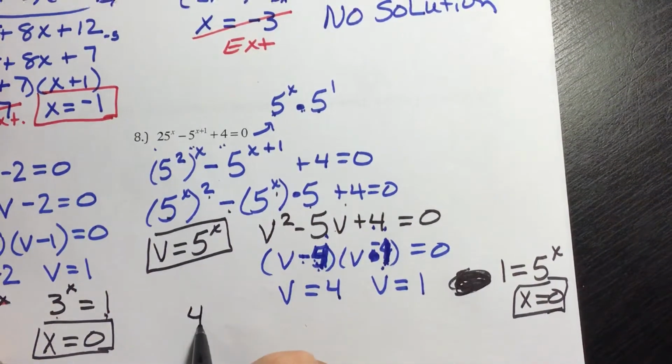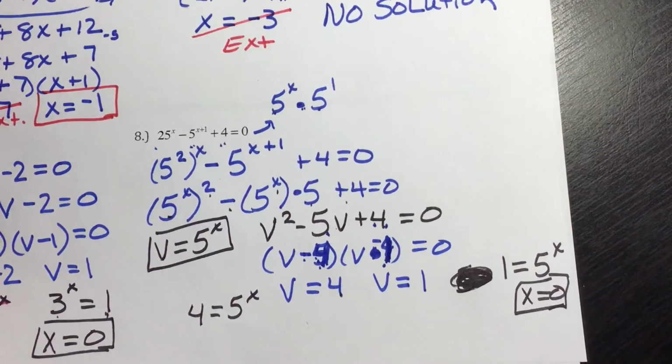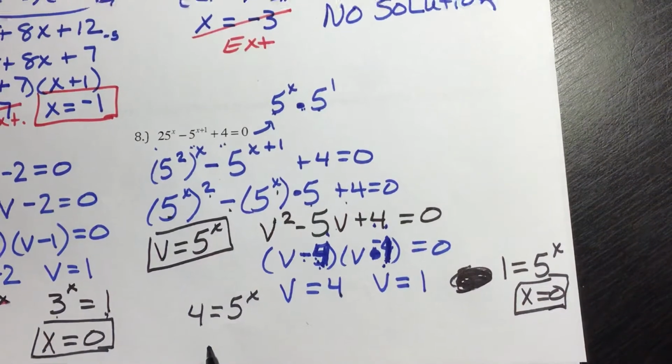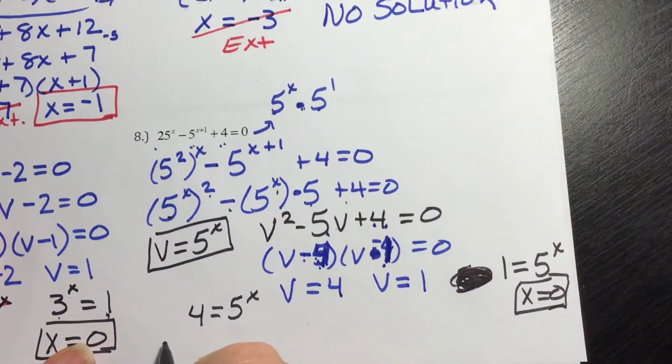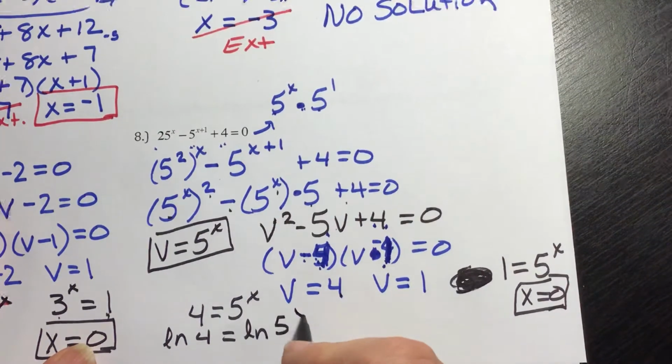So I'm going to plug in 4, and that equals 5 to the x power. All right, so when I'm solving for x and it's in my exponent, I need to log or natural log both sides. It doesn't really matter which one you use. I'm going to do ln 4 equals ln 5 to the x, and that brings the x out in front.